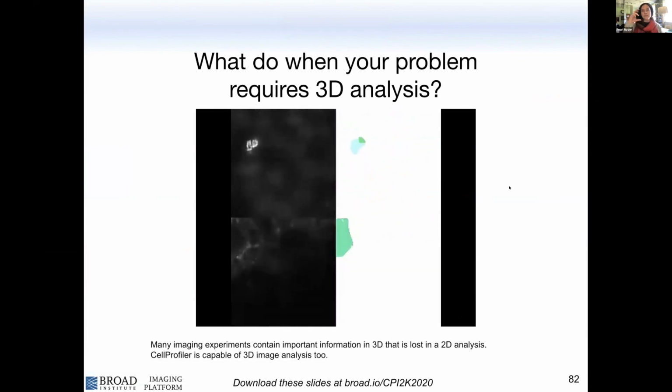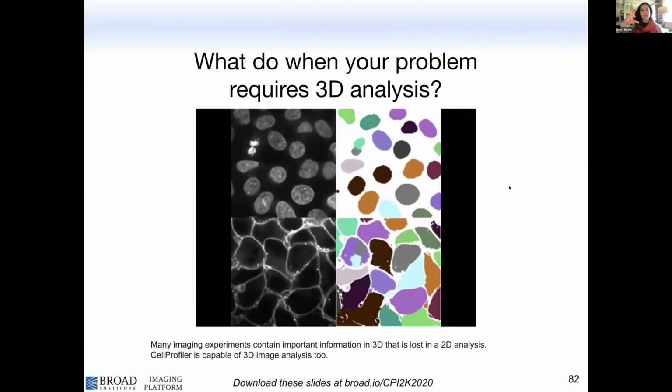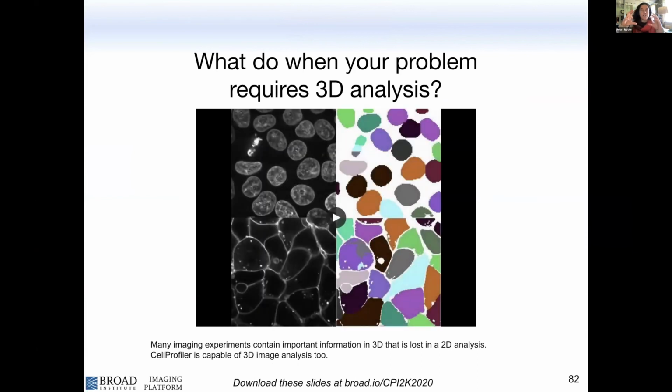A lot of times when you take a Z-stack, if you flatten it into a maximum intensity projection, say, the data can't reveal some really interesting aspects of biology. You need to be able to analyze your full Z-stack and consider your data as a three-dimensional object.